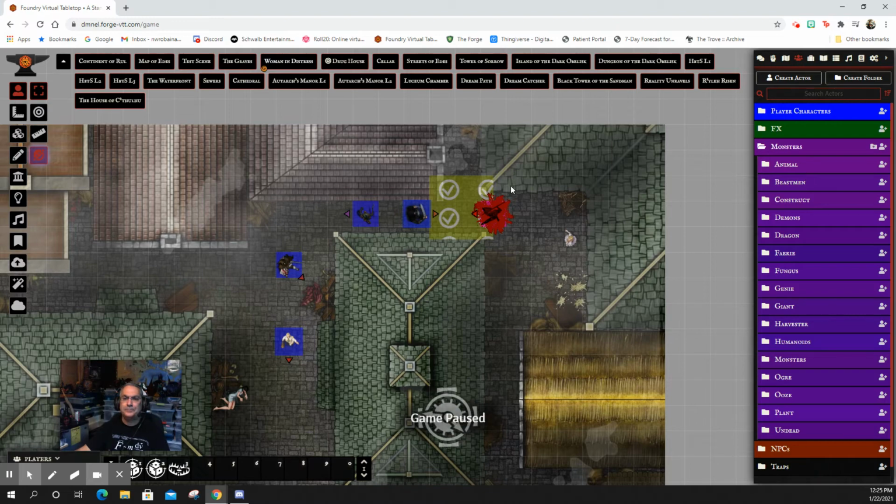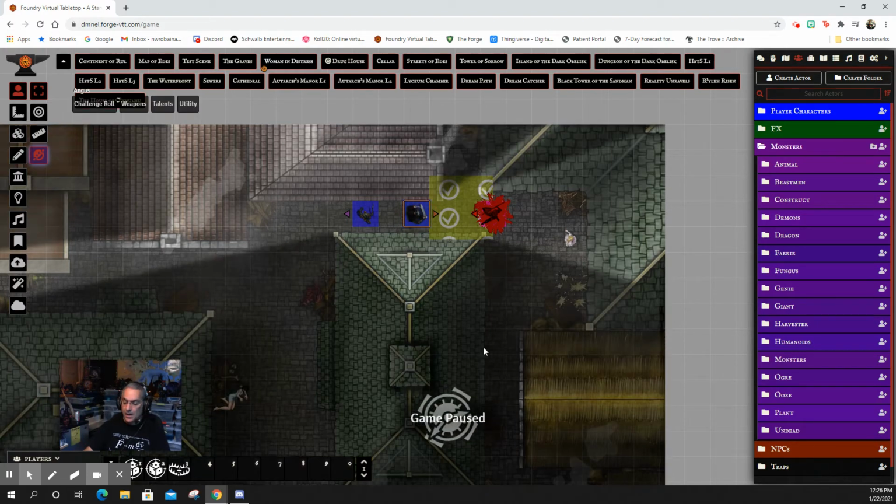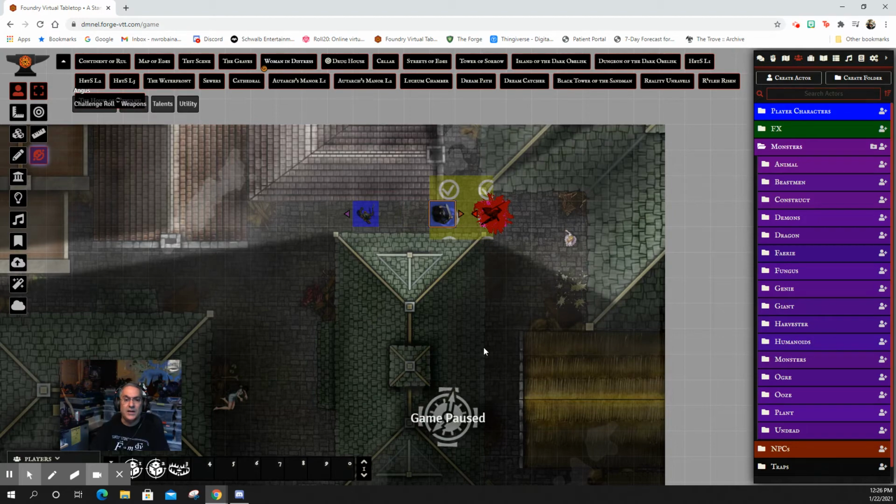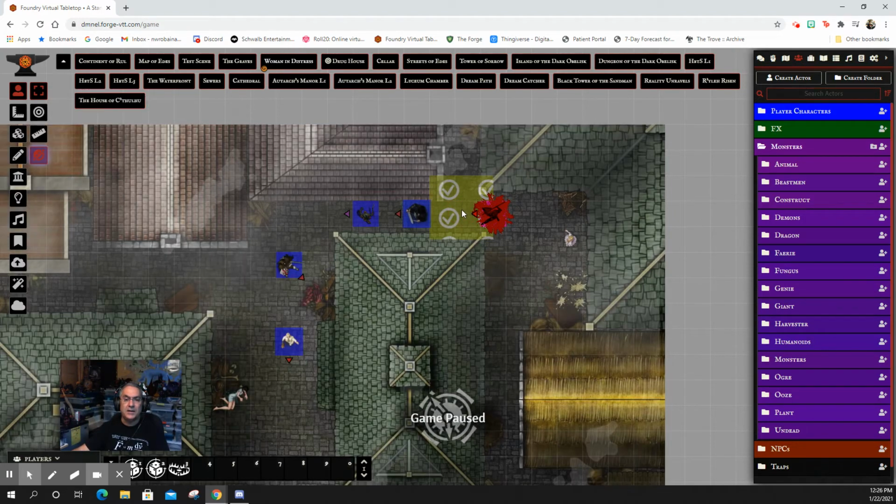Anyway, it allows you to draw an area on the map where if a token steps onto that defined area, which is the area that I have showing right here, that token is immediately drawn in to that spot.